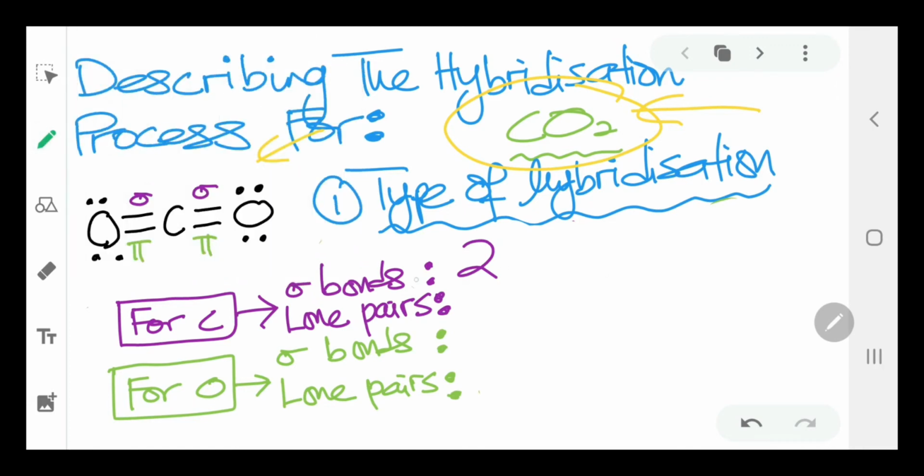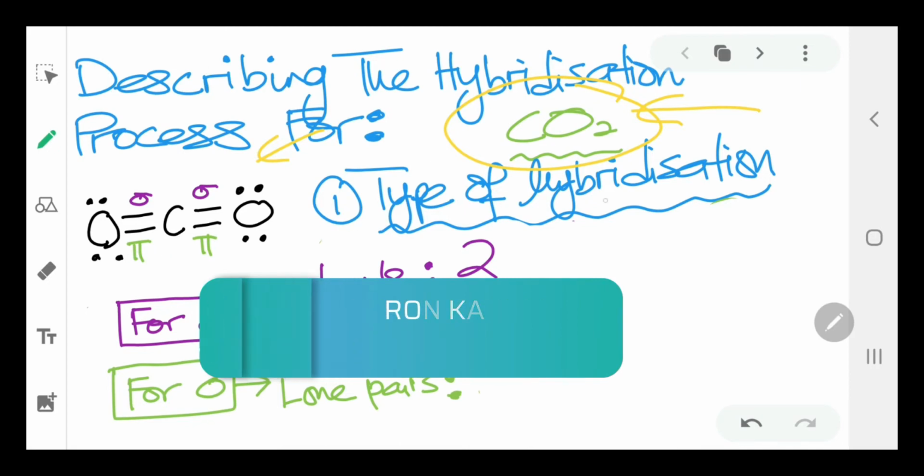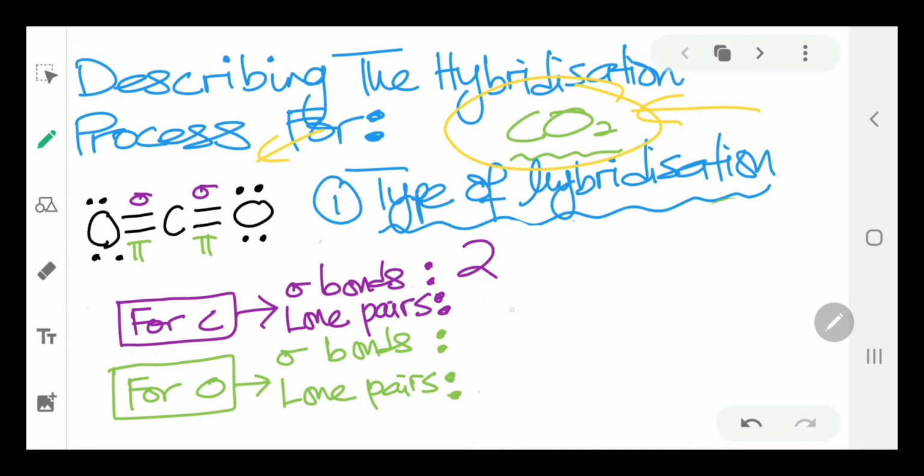So that means you have 2 pi bonds. To identify the type of hybridization, we only need to consider the sigma bonds. Why? Because, like I said earlier, only sigma bonds are involved in the hybrid orbitals overlapping. The pi bonds are going to be using pure orbitals instead.